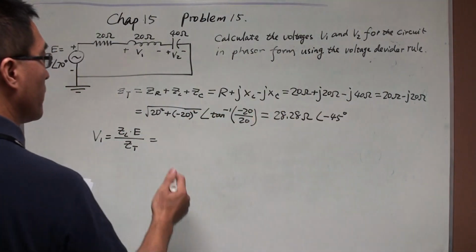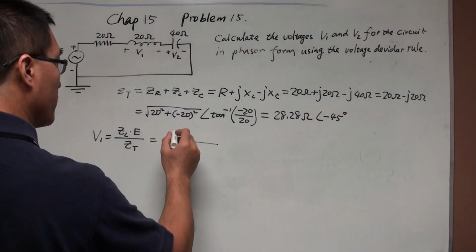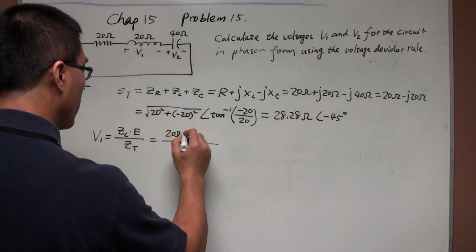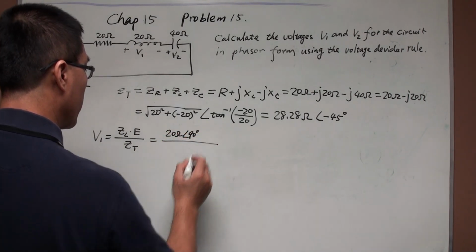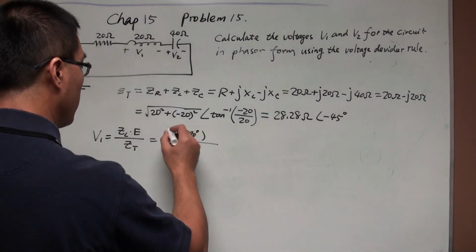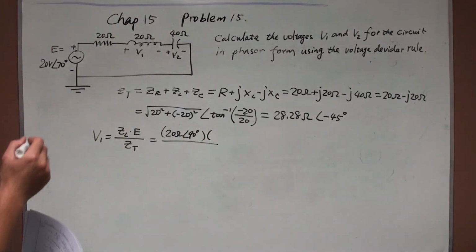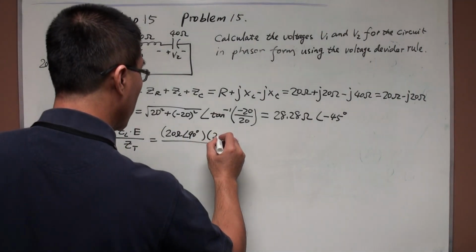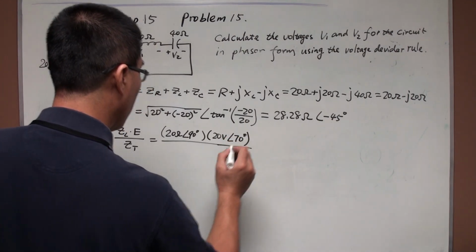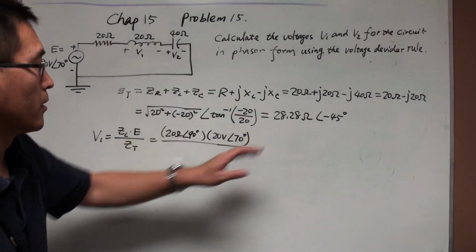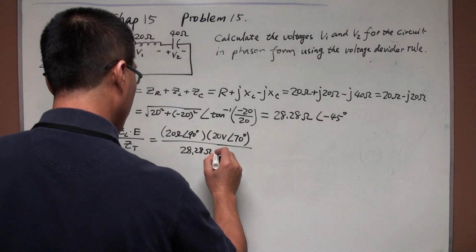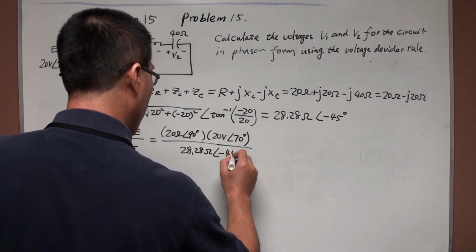It's j20 ohms, which in polar form is 20 ohms with 90 degrees. That's the impedance for the inductor. And times E. E is 20 volts with 70 degrees. That's E. And the total impedance is here, 28.28 ohms with negative 45 degrees.